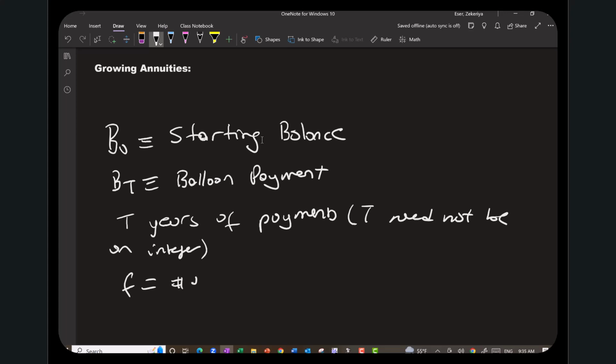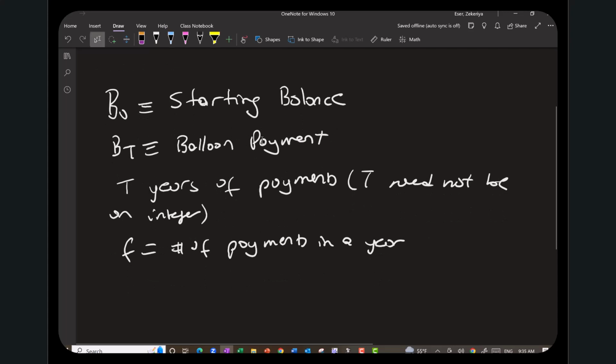F is number of payments in a year. Obviously 12 would be monthly. R is the APR interest rate.